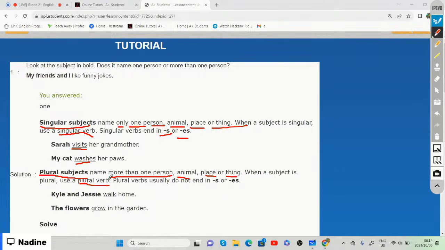Plural verbs do not end in s or es. We made an example: Kyle and Jesse walk home. They grow in the garden. So as you can see with the plural subjects, the plural verbs don't have an s or an es.